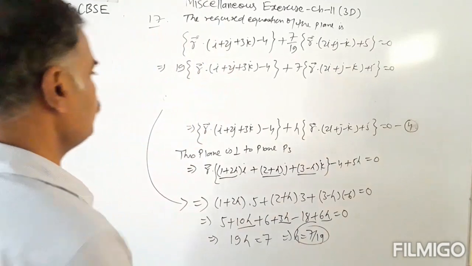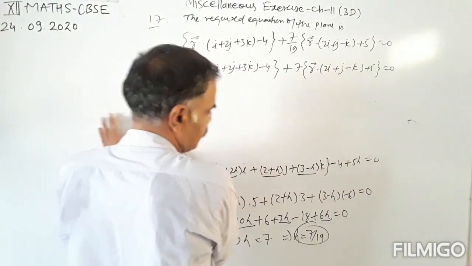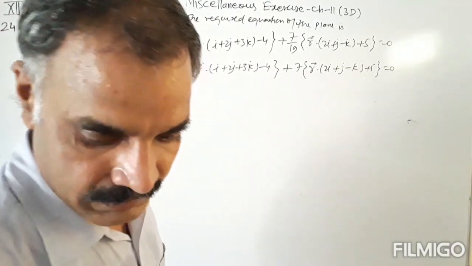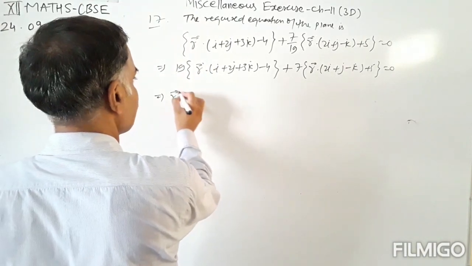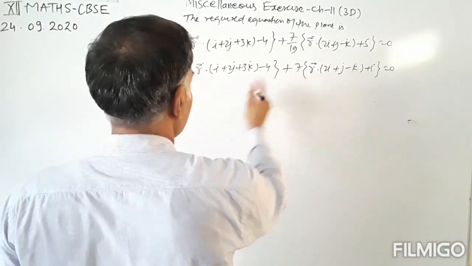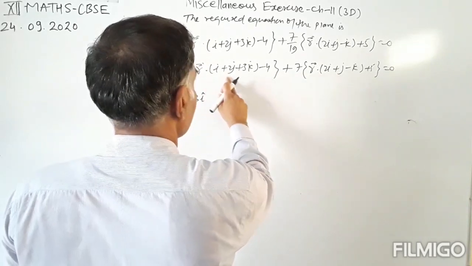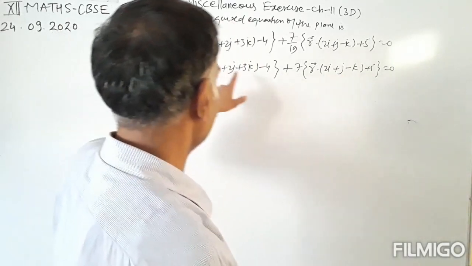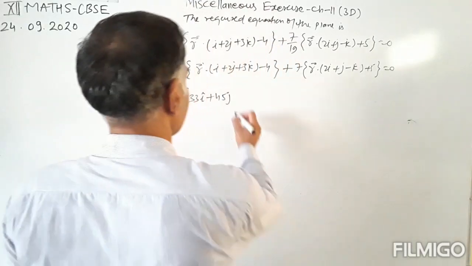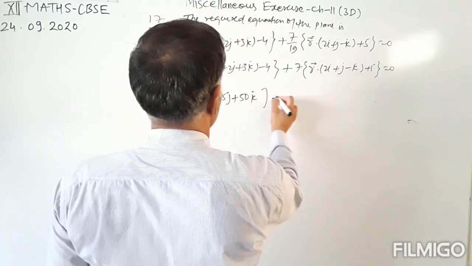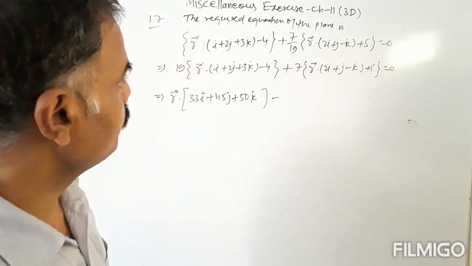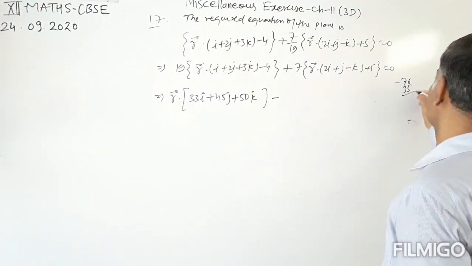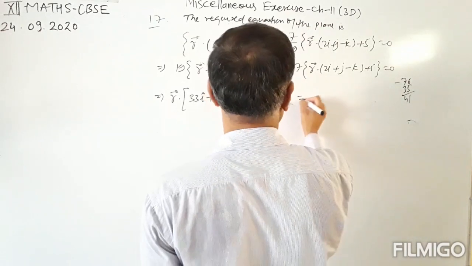Okay, so now solving this, we will have r vector dot (19i plus 14i, that is 33i cap, 38j plus 7j, that is 45j cap, and 57 minus 7, that is 50k cap) minus 76 plus 35, that is minus 41, equals 0.